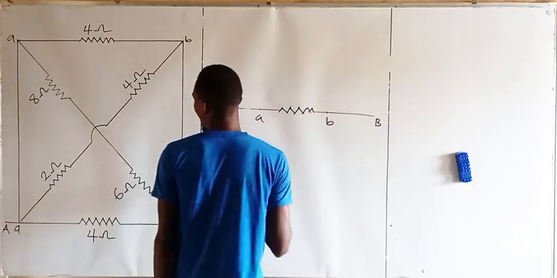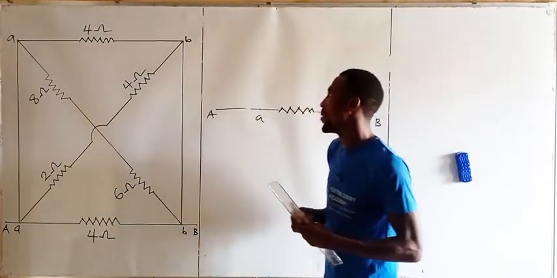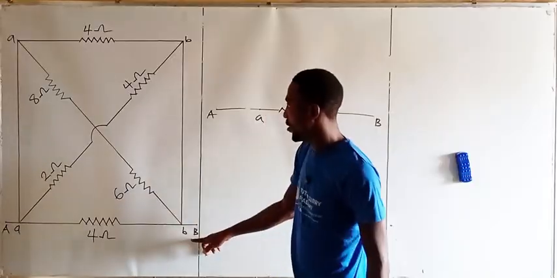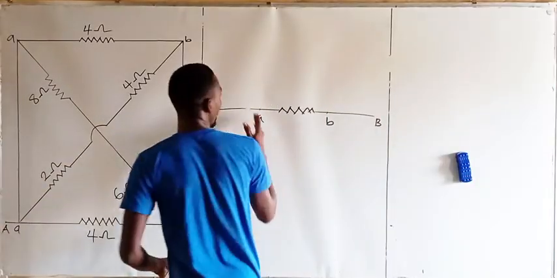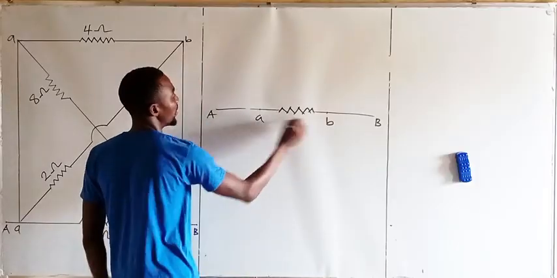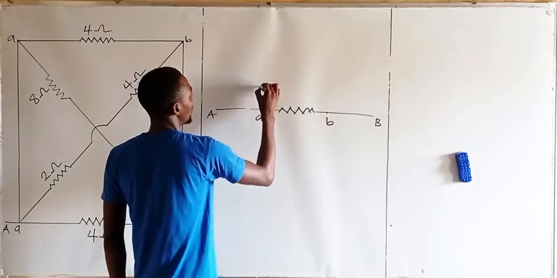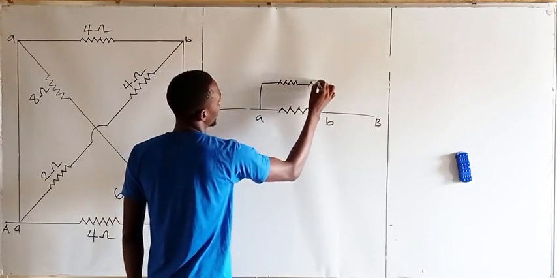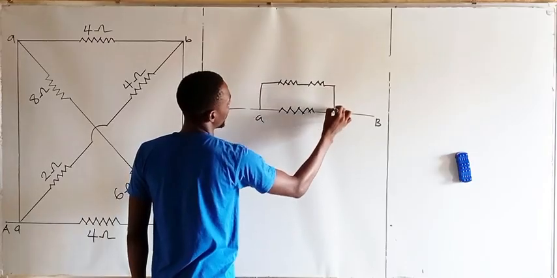Now if you look at all the other points, here we have A, B. We have 2 resistors connected to this small A and B. Something like this.